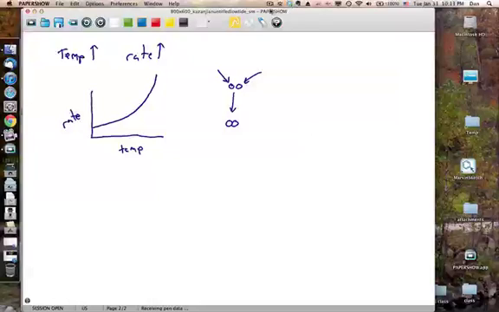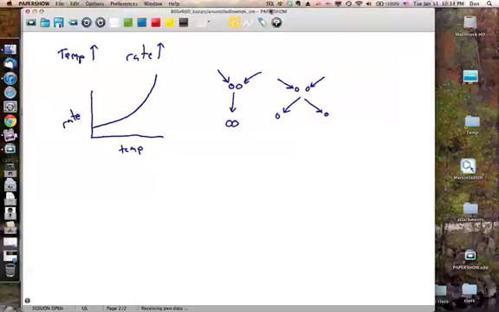Now, this doesn't completely explain what's going on. Sometimes two components will come together and smack into one another, but they won't have enough kinetic energy and they'll just drift apart rather than forming a new compound.